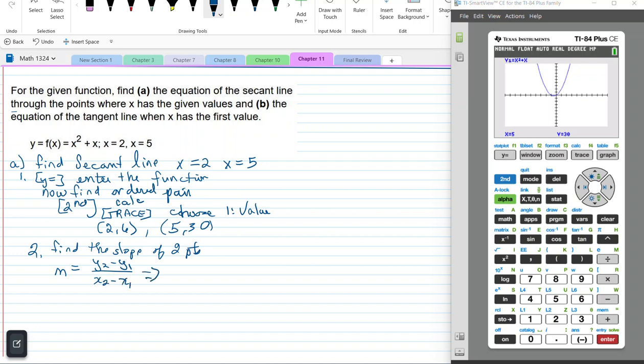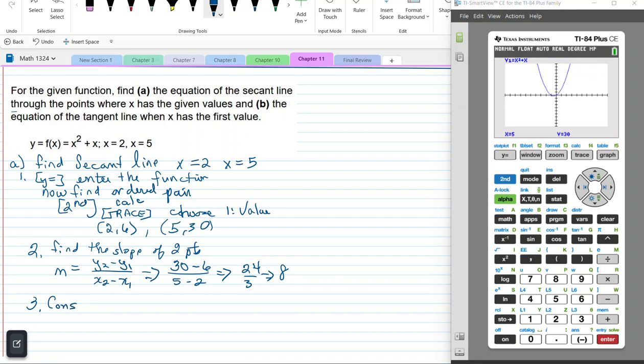And I'm just going to go horizontally. And that is going to give me, okay, 30 minus 6 over 5 minus 2. And that's going to give me 24 over 3, and it gives me 8. My slope is 8.